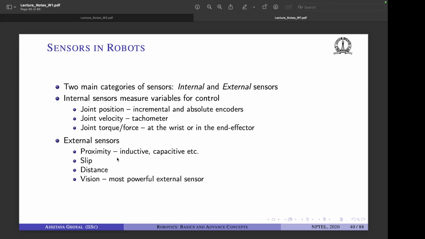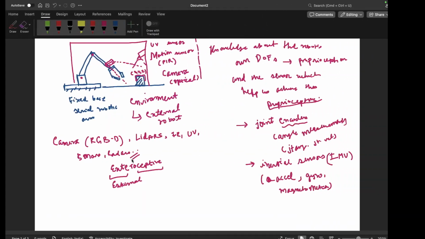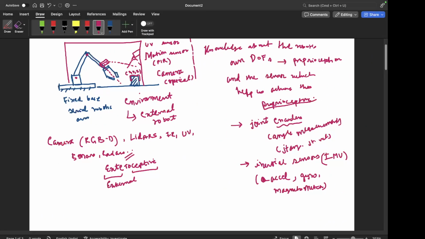In fact, just something you can think about, and maybe now that you know about proprioceptive sensors, you can understand it in a better way. When you, let's say, walk blindfolded, or you're walking in a pitch dark room, what you are using mostly is your proprioception, right?